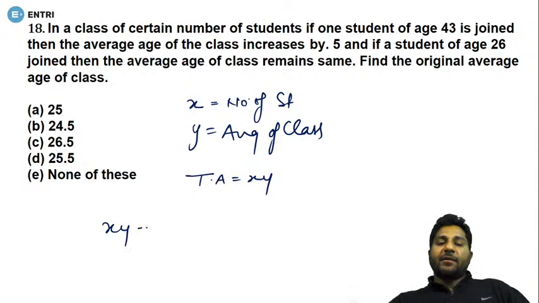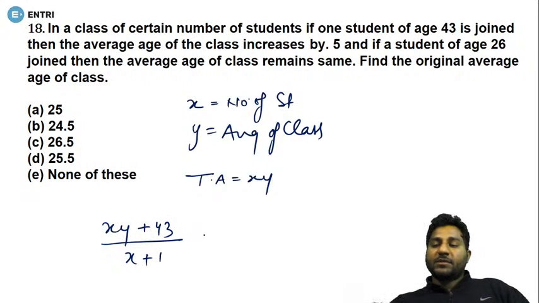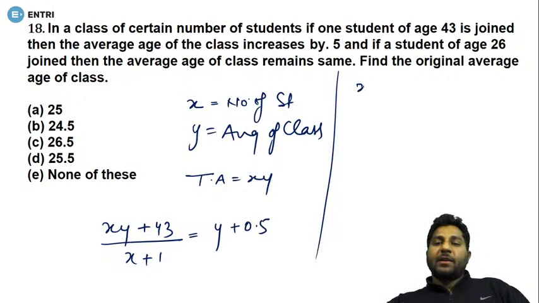If we add 43 to the total age, after adding one person our average age increases by 0.5. What would happen if we add 26?